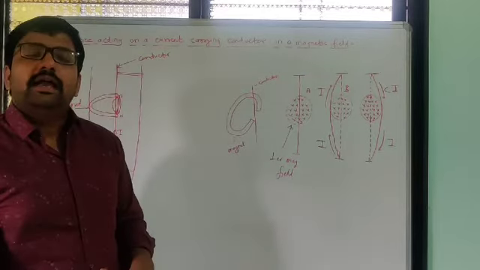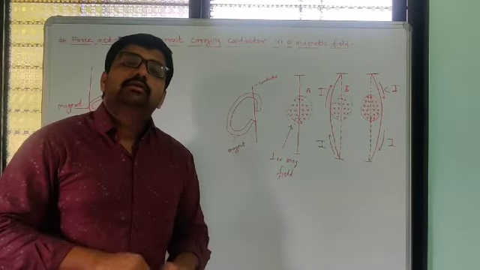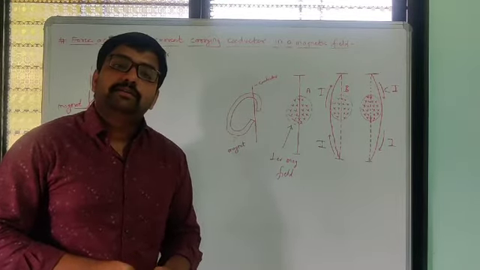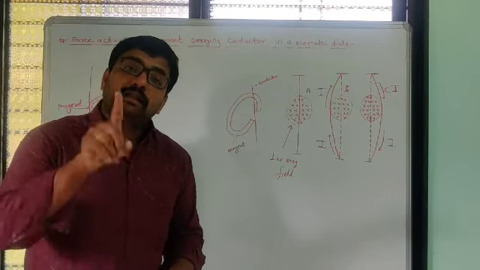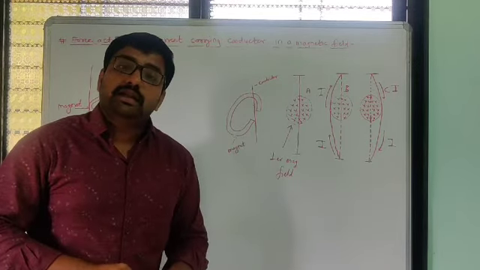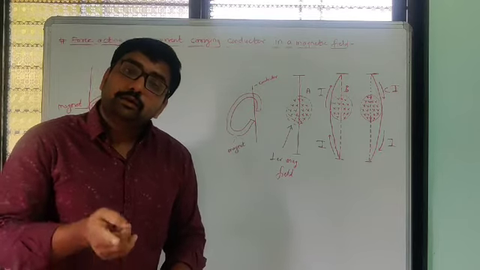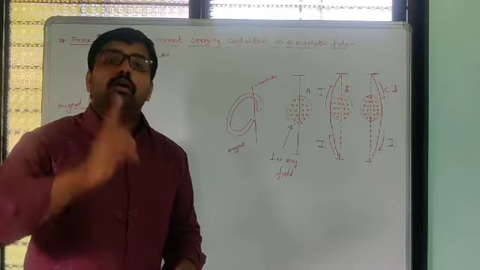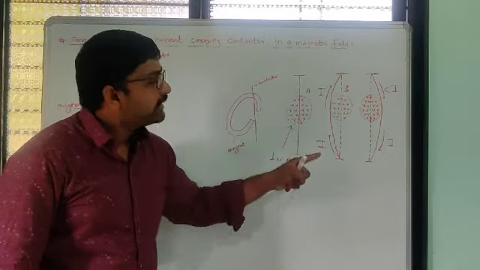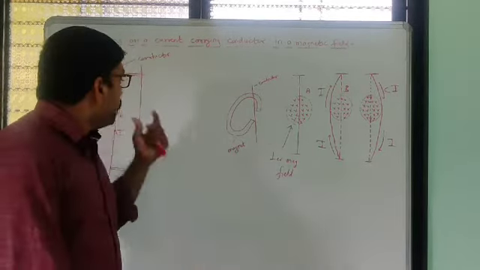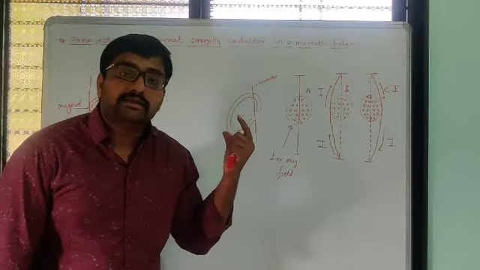So we can say that as we pass electric current through an electric conductor placed in a magnetic field, a force is generated on the conductor, which depends on the direction of current as well as the polarity of the magnet.